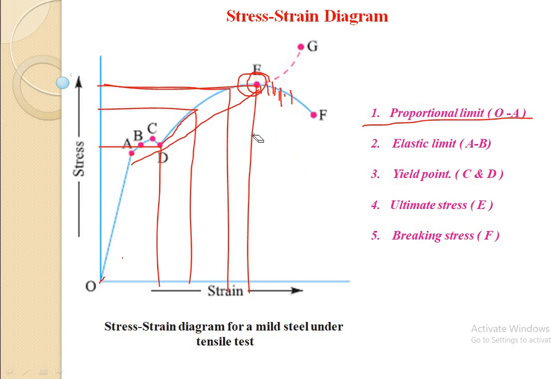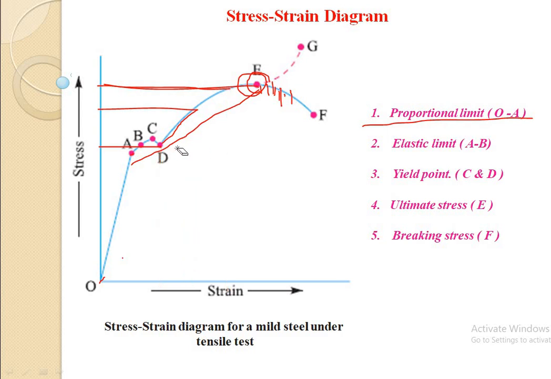The stress-strain diagram is drawn by taking the values of stress on the y-axis and values of strain on the x-axis. The stress we get by dividing the load value by the cross-sectional area of the specimen.